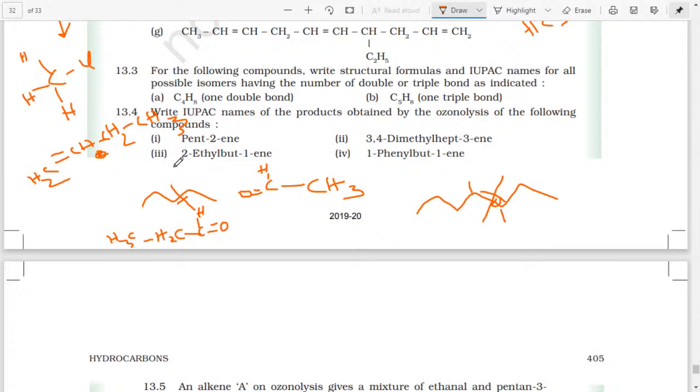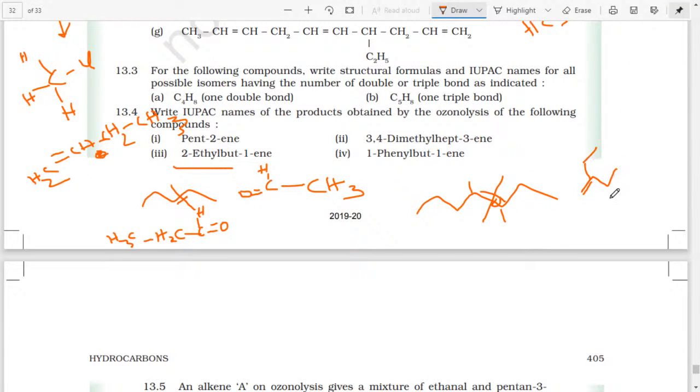Next, 3,4-dimethyl hept-3-ene done. Now 2-ethyl but-1-ene, what is the compound? If you do the ozonolysis, 2-ethyl but-1-ene, what is the chain? 1, 2, 3, 4 carbon, 1-ene, and 2-ethyl here.